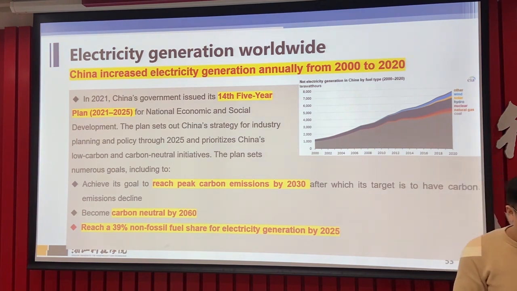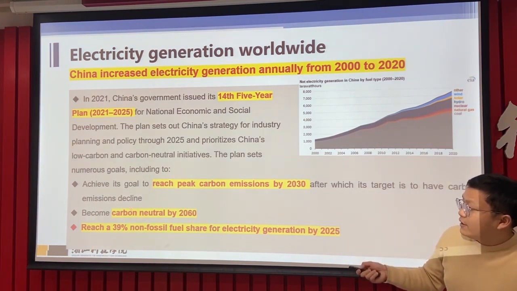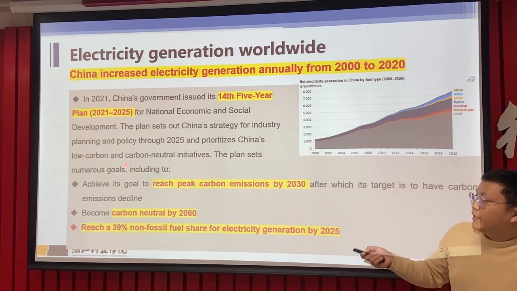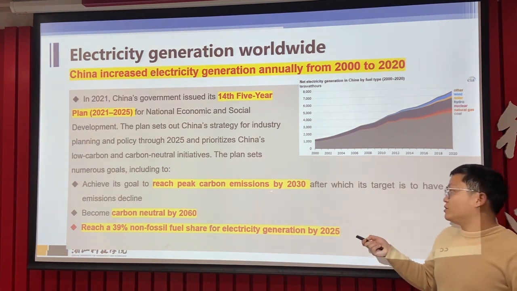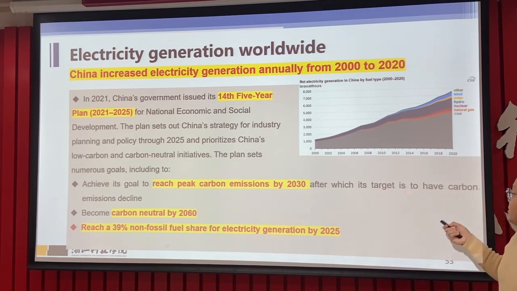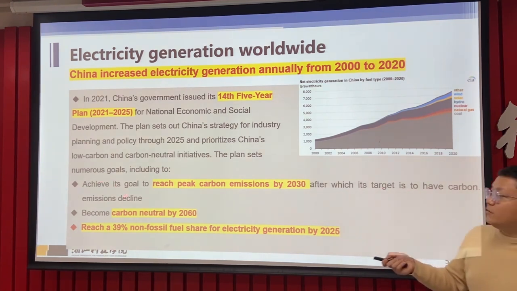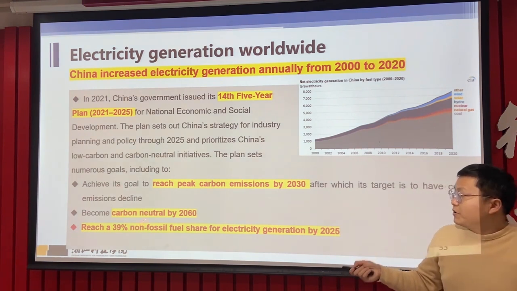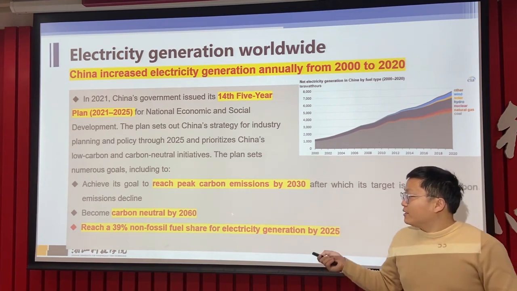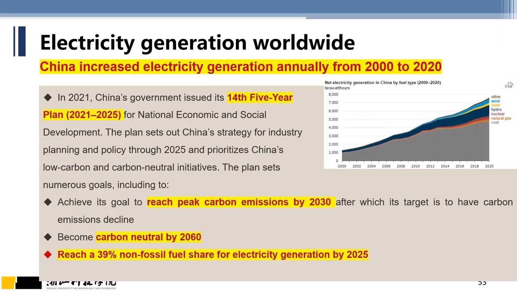The plan sets numerous goals, including to reach peak carbon emissions by 2030, after which its target is to have carbon emissions decline, and also to become carbon neutral by 2060. Also to reach a 39% non-fossil fuel share for electricity generation by 2025.